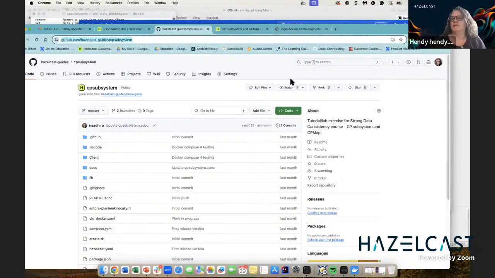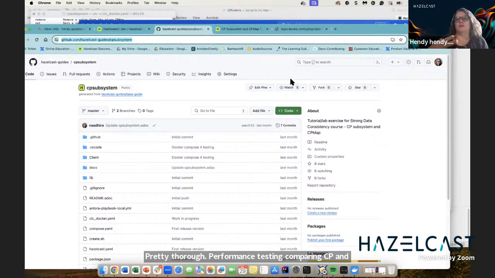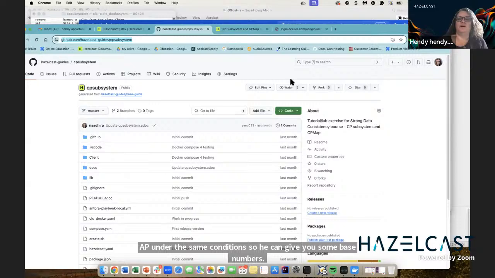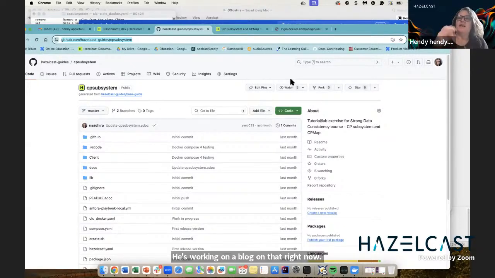Randy May, one of our principal architects, has done pretty thorough performance testing comparing CP and AP under the same conditions, so he can give you some base numbers. He's working on a blog on that right now, so stay tuned and look for that blog entry. The best that I can tell you is that it's obviously slower for writes.